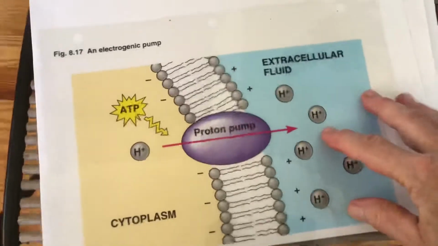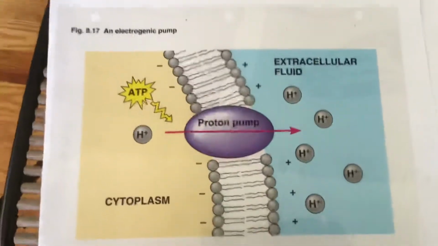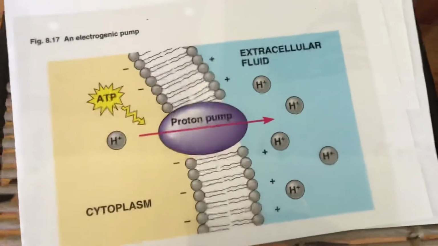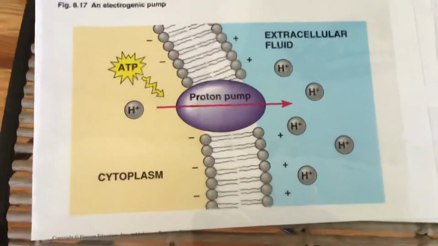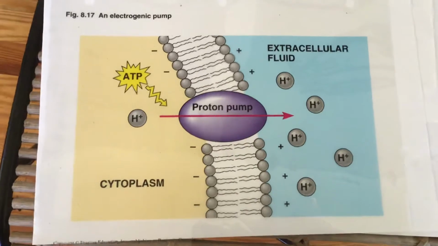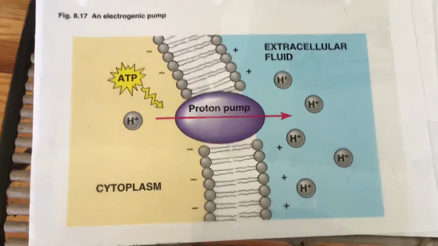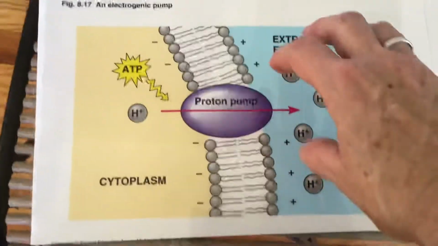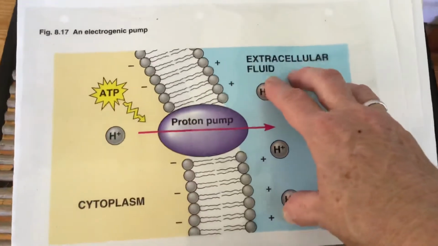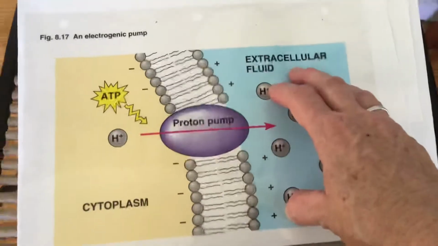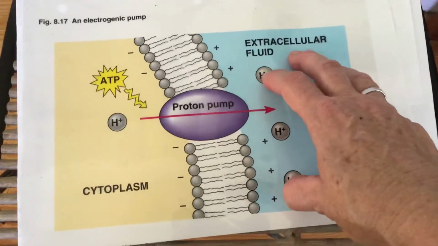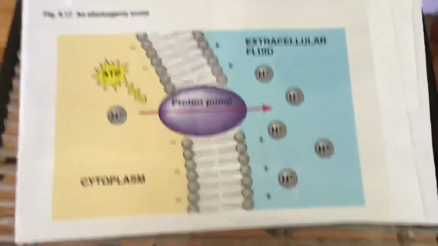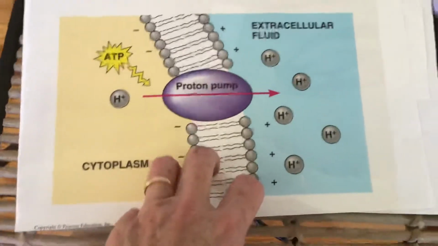Okay, so the proton pump. The proton pump is what I just drew for you. This is just showing it going in the opposite direction from what I drew for you, which can happen. It just depends on the situation. Now, this is also called an electrogenic pump. So I just wanted to talk for a second about why that is. If I'm building up charged particles on this side, I'm making what they call membrane potential. If I were to flow a bunch of charged particles through a central point, that actually is an energy creation, just like flowing electrons through a central point will turn on a lamp.